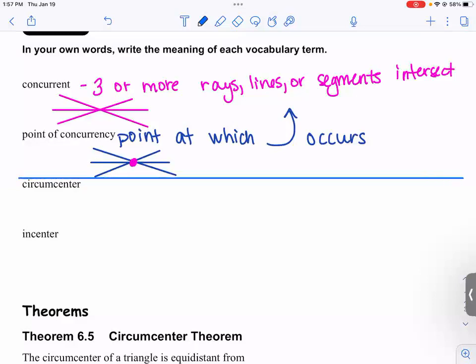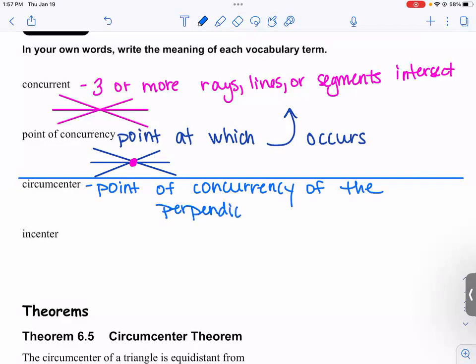We are going to start with the circumcenter. The circumcenter is the point of concurrency of the perpendicular bisectors.